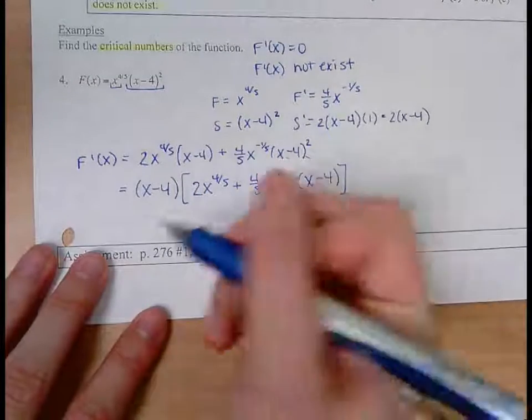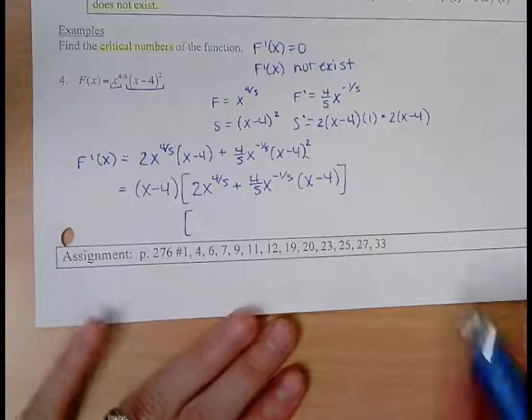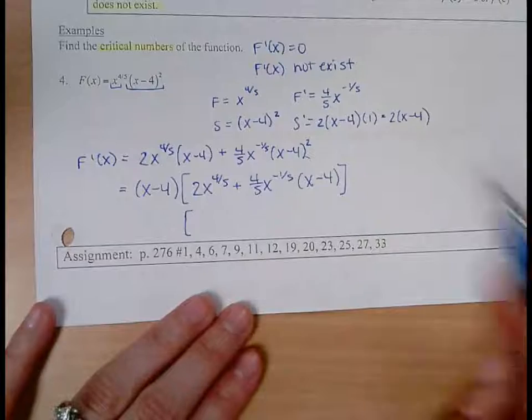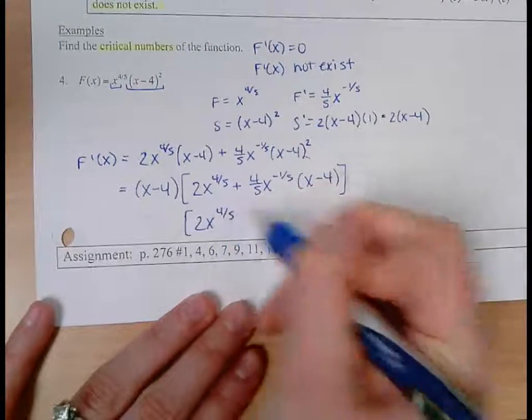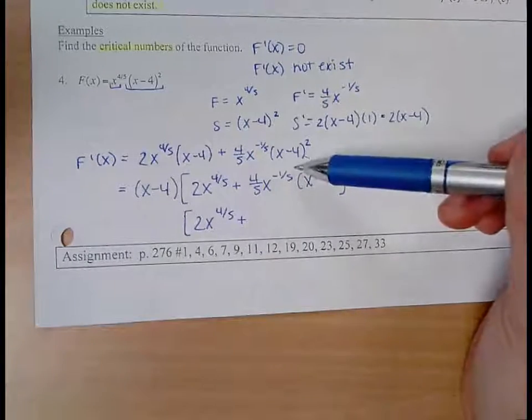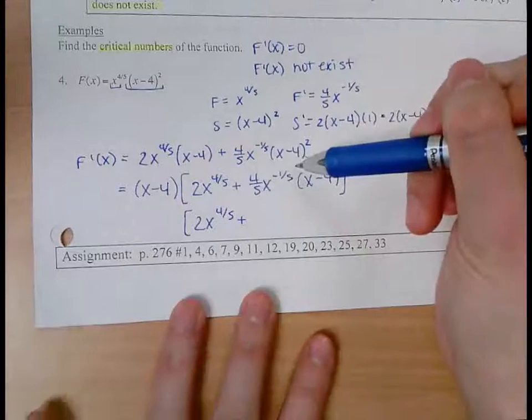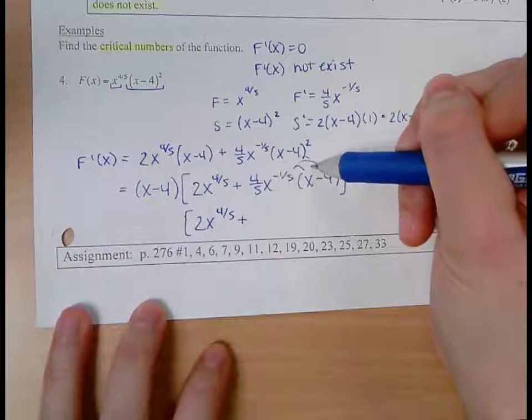Simplifying this further, yeah, x equals 4 is one of them. I'm looking at simplifying this second term here. So if I distributed the 4/5 x to the negative 1/5, and this here is x to the first, it'd be 5/5.